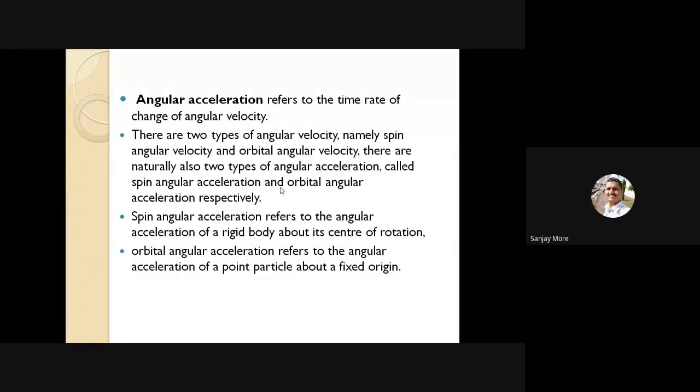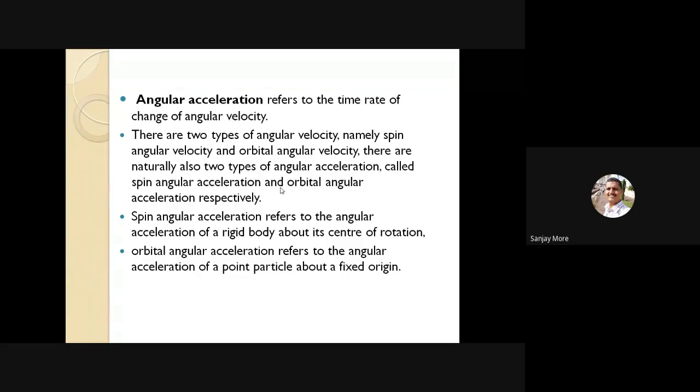Here, there are two types of angular velocity. First one is spin angular velocity and second one is orbital angular velocity. Based upon this, for angular acceleration also there are two types. First one is spin angular acceleration and second one is orbital angular acceleration.